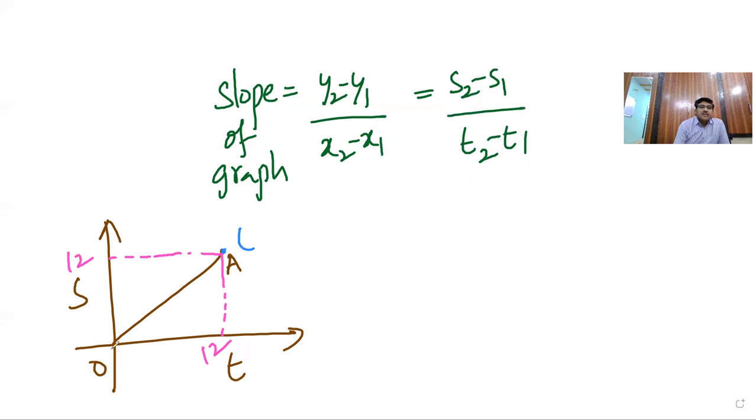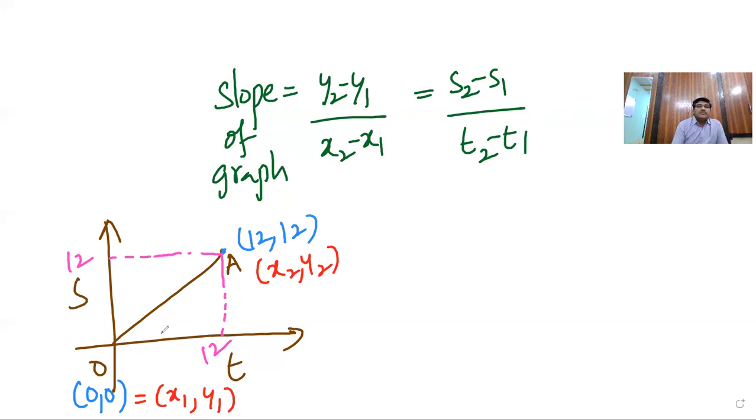The x coordinate is T, the y coordinate is S. The x coordinate is 12. The y coordinate is also 12. Similarly, origin is 0, 0. If I say origin is x1, y1, and A is x2, y2.